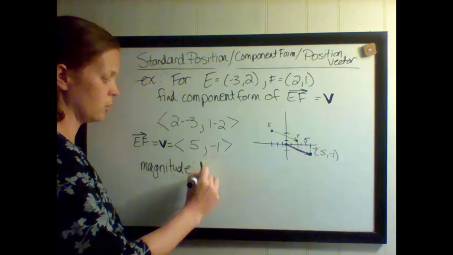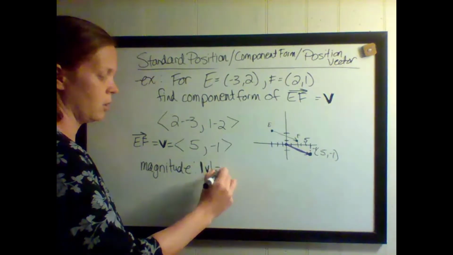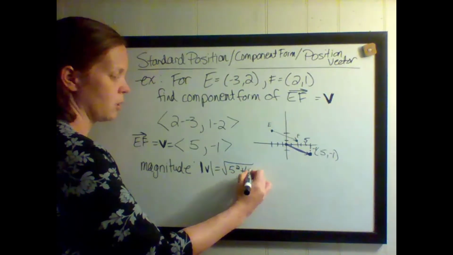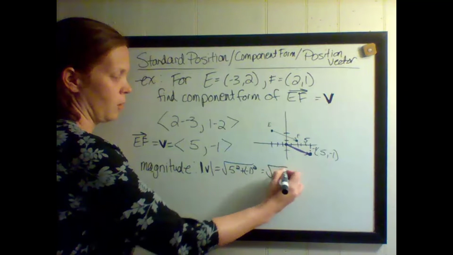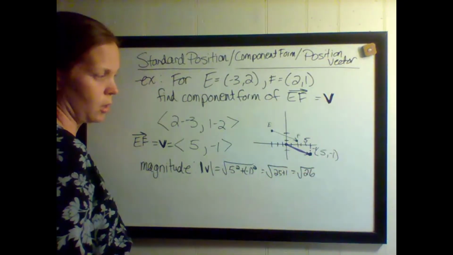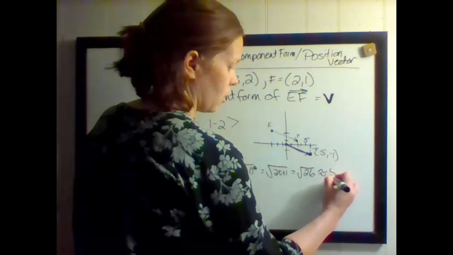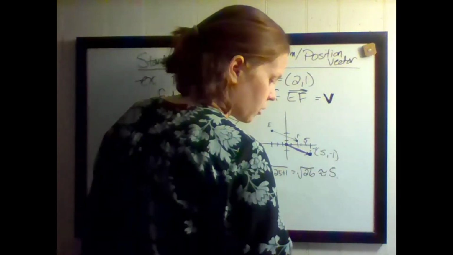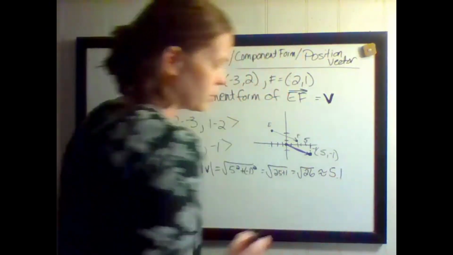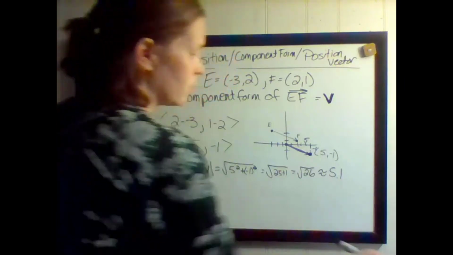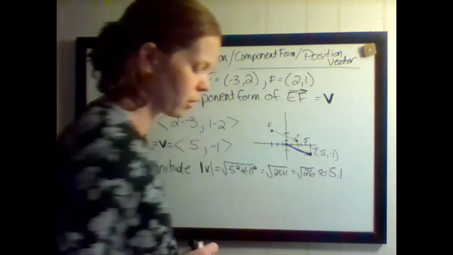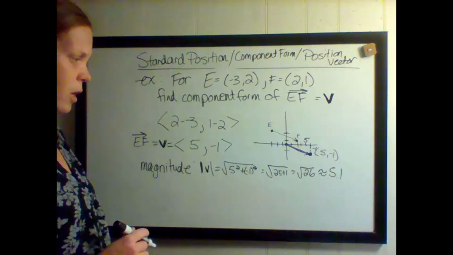So the magnitude of vector v is the square root of 5 squared plus negative 1 squared. Or the square root of 25 plus 1 is 26, which is approximately 5.099, so about 5.1. That makes sense. Horizontal distance of 5, it's going to be just a little bigger than that. Okay, so that's my magnitude.